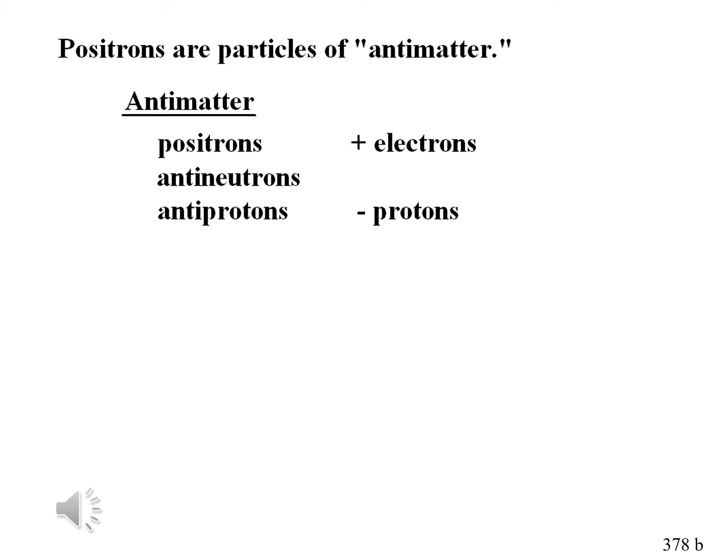Antiprotons are negative protons, and antineutrons are a different particle from neutrons, but they still have no charge. What they say is that the antimatter particles are actually the mirror image of the matter particles. And for some reason, when you take the mirror image, you change the charge. Nobody really understands this stuff completely, but this is what physics has found out.